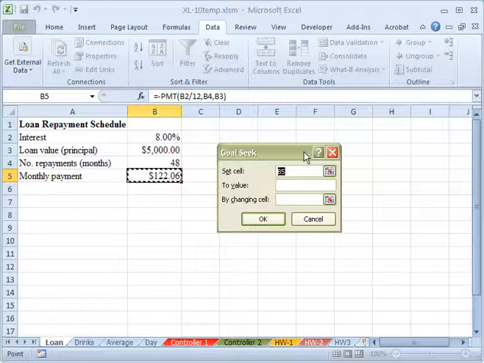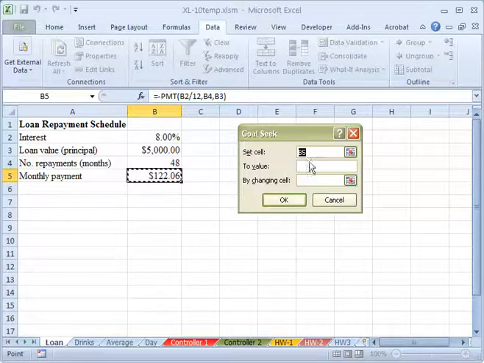So when you click it, it opens the Goal Seek dialog box, and in here, okay, this is the selected value, then that is going to be the cell that is changeable. Okay, so we want to change this value. Then we need to decide the set cell, which should be B5, right?